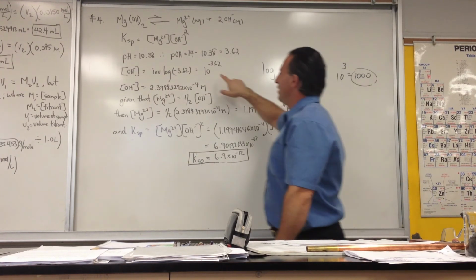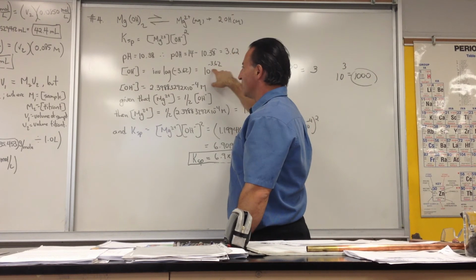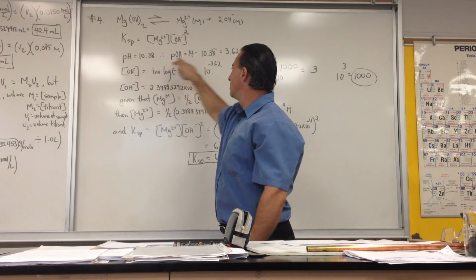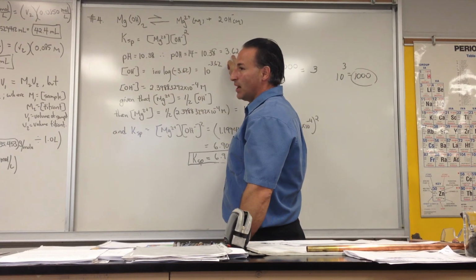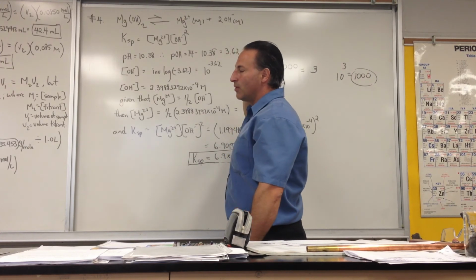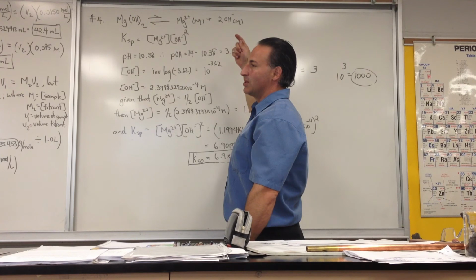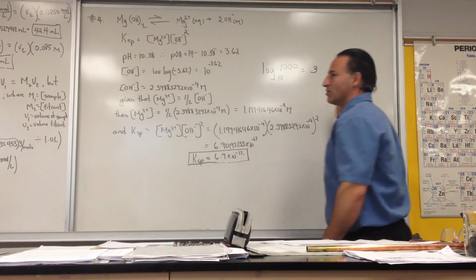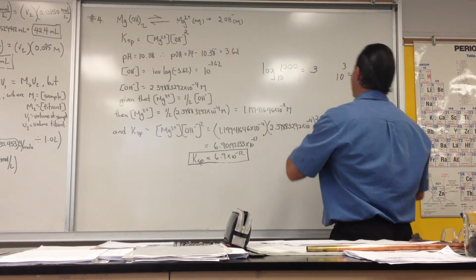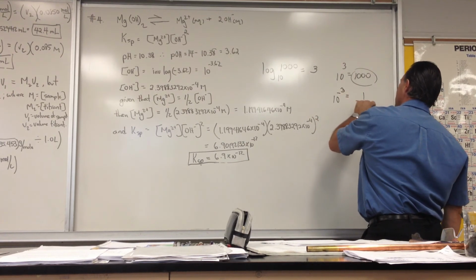So, but this time, if I've said that the base is 10, but the power is negative 3.62, which is what the pOH symbolizes, then I'm just saying what number do I get when I raise 10 to the power of negative 3.62? That's the concentration of hydroxide. So if I said 10 to the minus 3, then I know it's going to be 1 over 1,000.